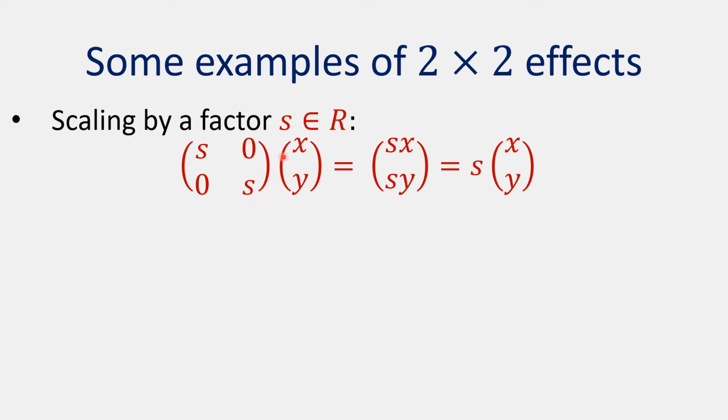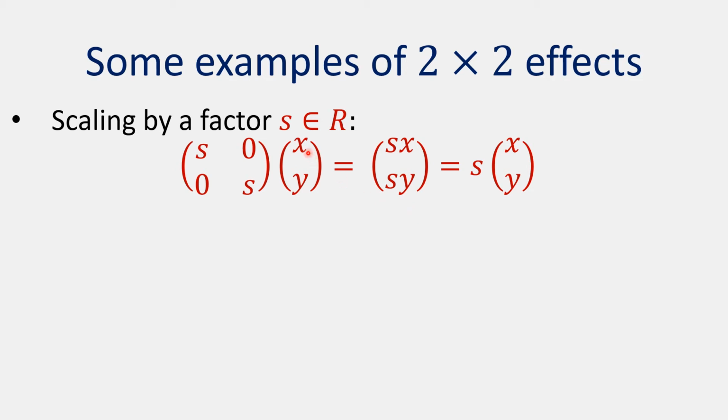We take the scaling factor S, we write that value along the diagonal entries, the other values of our matrix are 0, and so to obtain the result of scaling a coordinate by some factor S, we just multiply that coordinate by this matrix here. It's easy enough to check that gives the result we want.